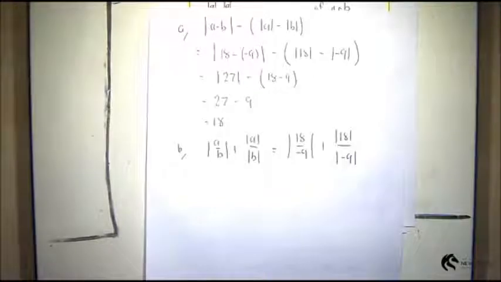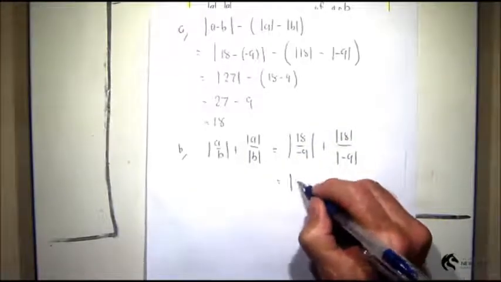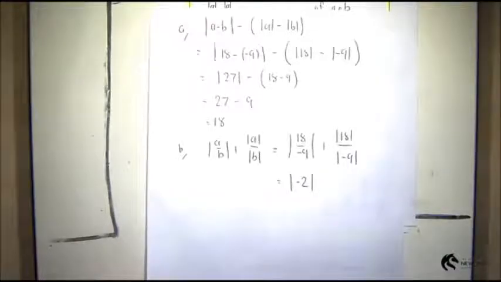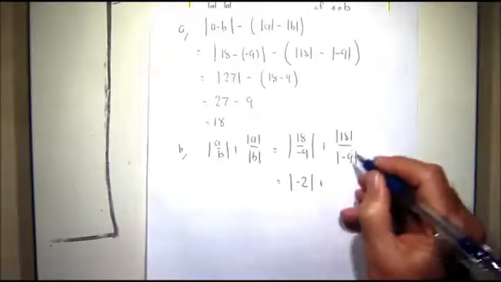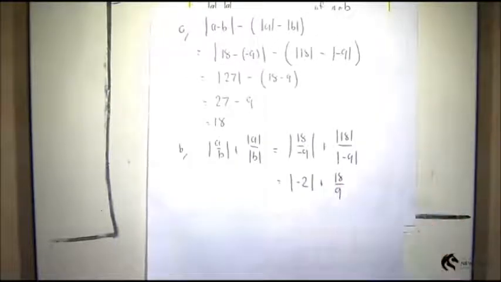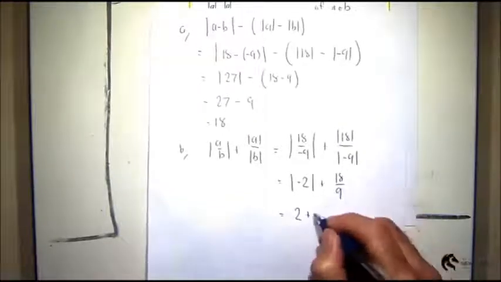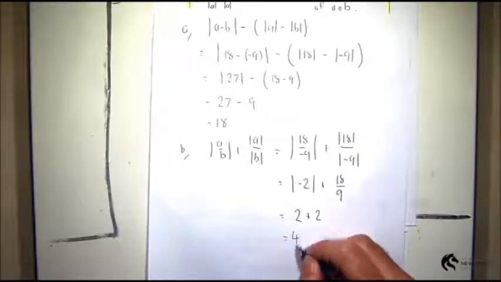In this case I do the division first, and that's minus 2 there. In the next term, the absolute value of 18 is 18, the absolute value of minus 9 is plus 9. The absolute value of minus 2 is plus 2, 18 divided by 9 is 2, and I end up with 4.